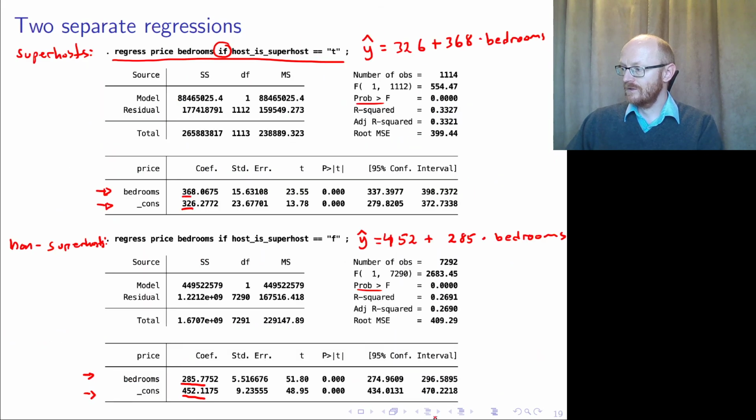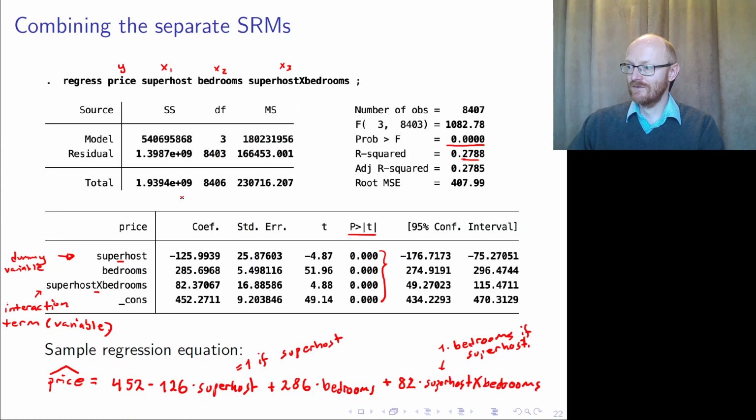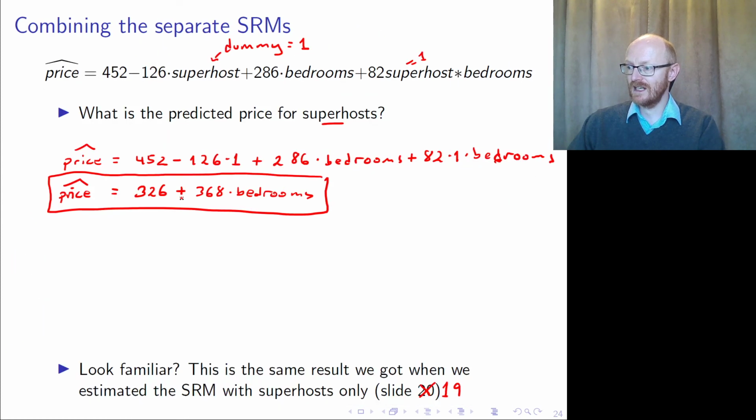So if we go to slide 19, we see that for superhosts we have the coefficient for the intercept, it's 326, which is what we got, and the slope for bedrooms is 368, exactly the same as we got from the multiple regression model.